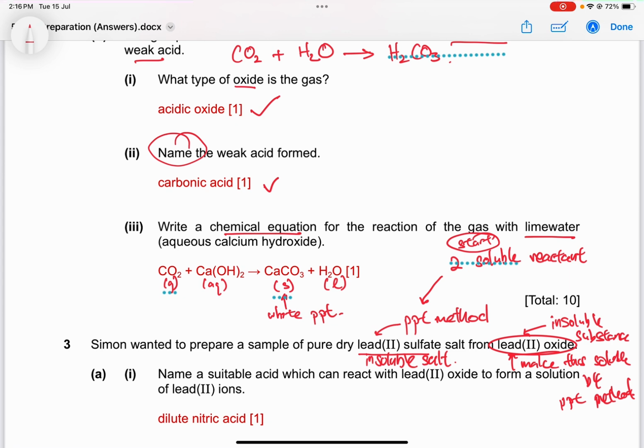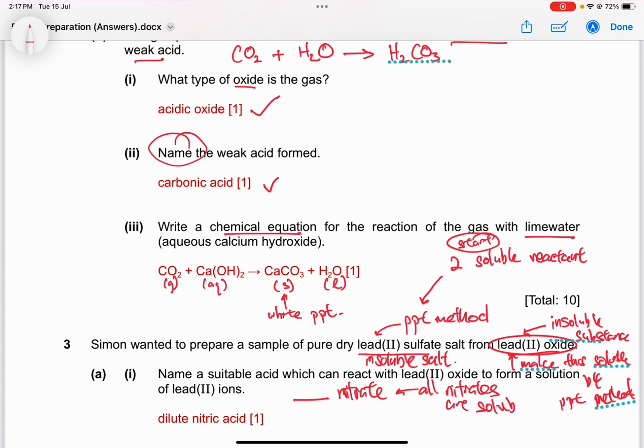First, name a suitable acid which can react with lead 2 oxide to form a solution of lead 2 ions. You can see they're guiding you to let you know that you cannot just use lead 2 oxide for precipitation. You need to make it soluble first. The simplest way is that any single cation, once you make it into nitrate, will definitely be soluble. All nitrates are soluble.